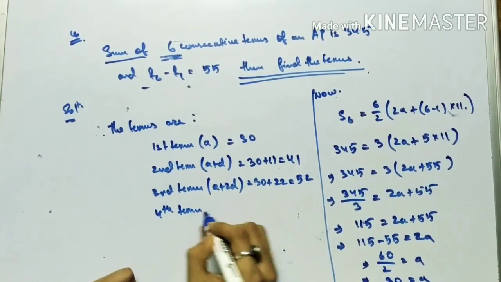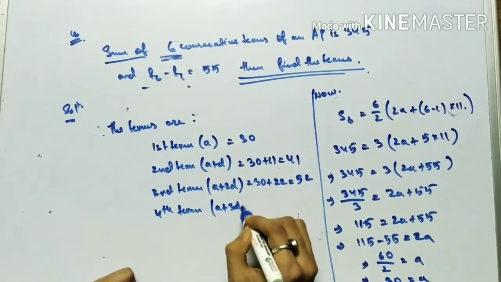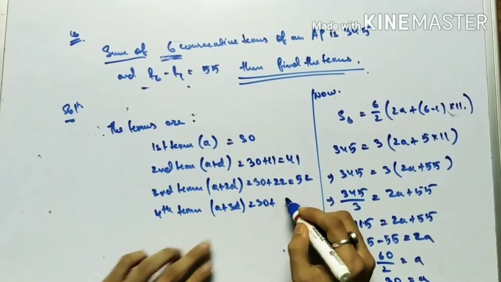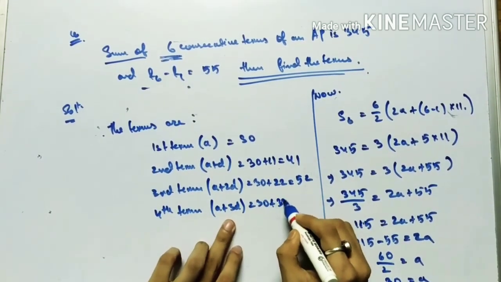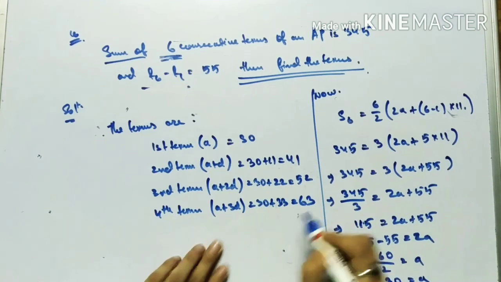The fourth term will be A plus thrice D, equals 30 plus 3 into 11, which is 33, so this will be 63.